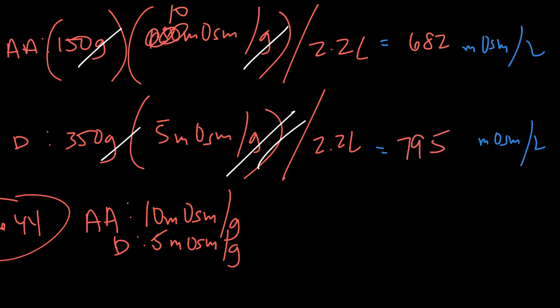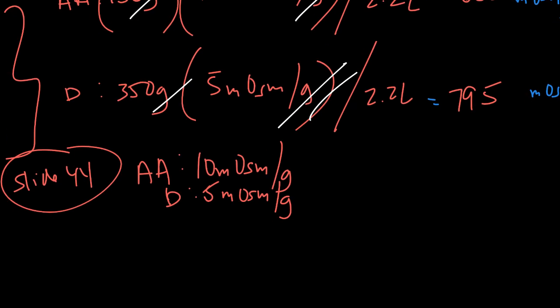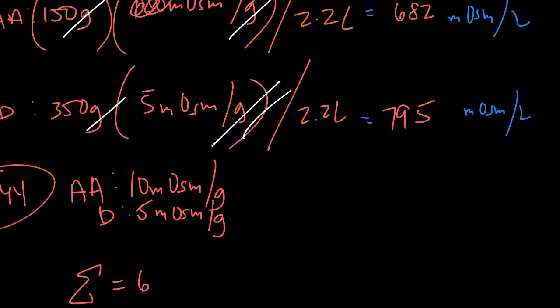So, your total solution is 682 plus 795, which is definitely greater than 900 milliosmol per liter.